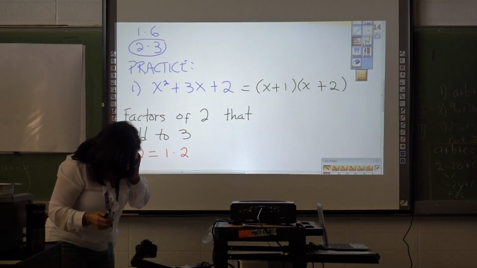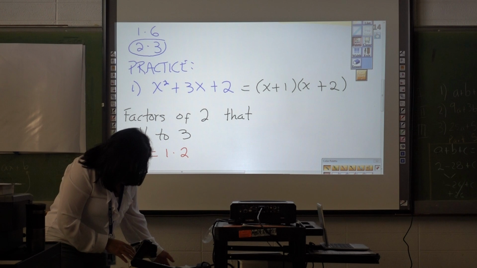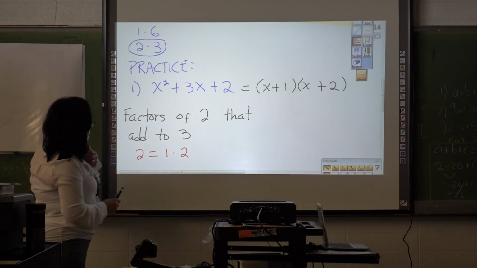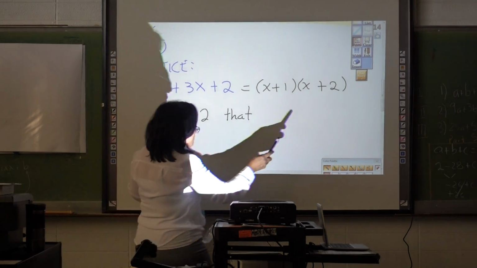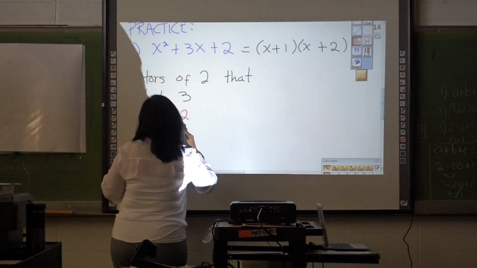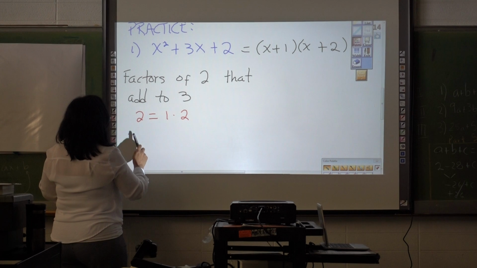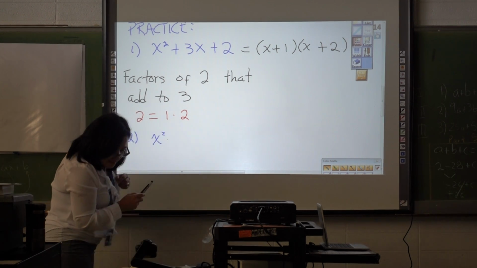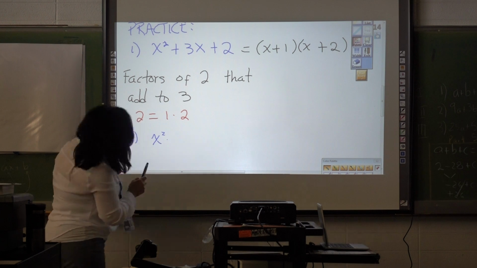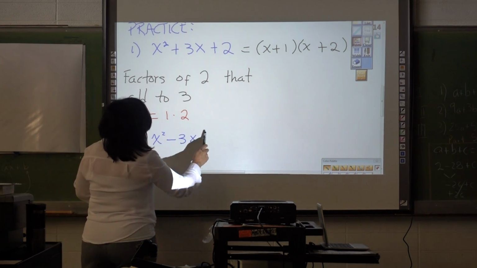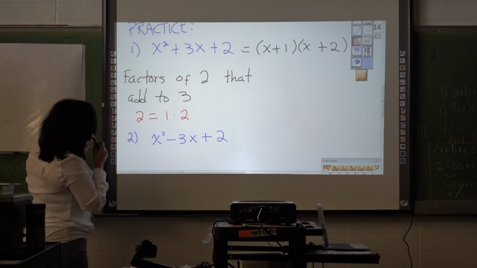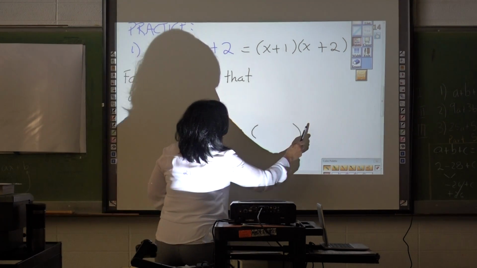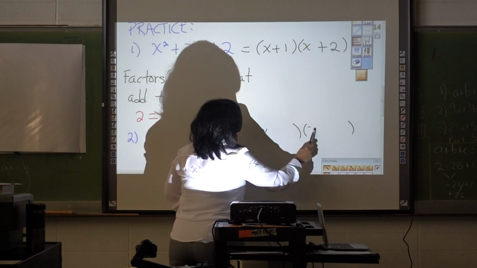What if I have a negative number somewhere? For example, let's say x squared minus 3x plus 2. Let's say I have another practice here. Problem number 2: x squared minus 3x plus 2. Okay, I know that x and x has to be x squared.